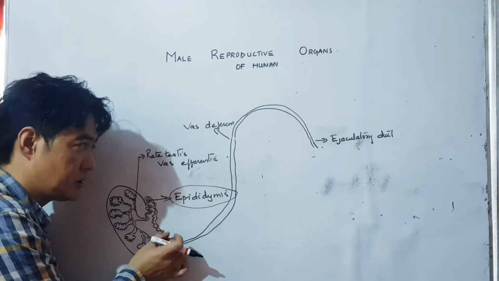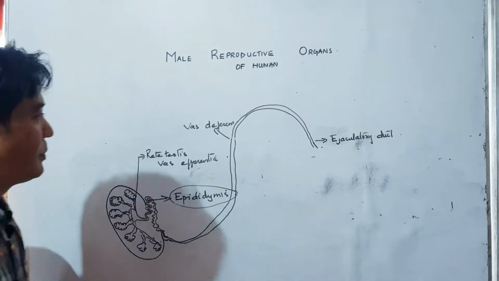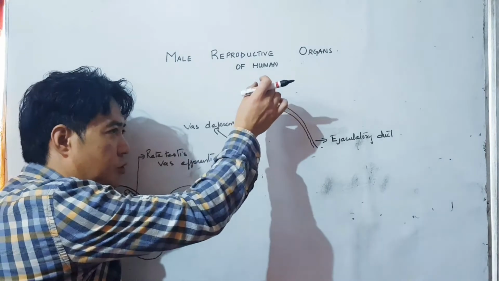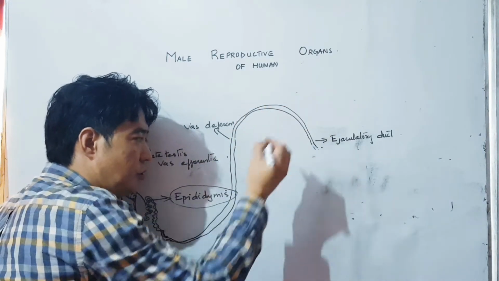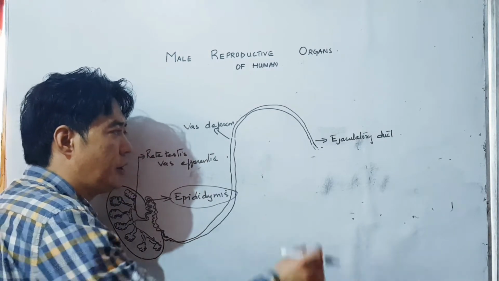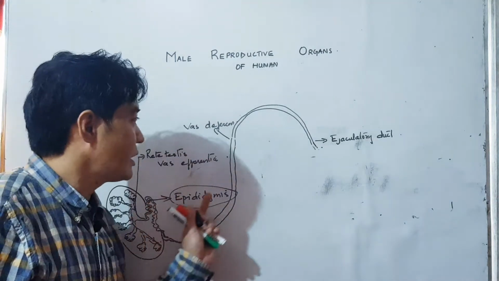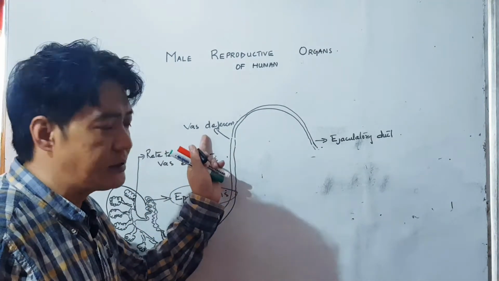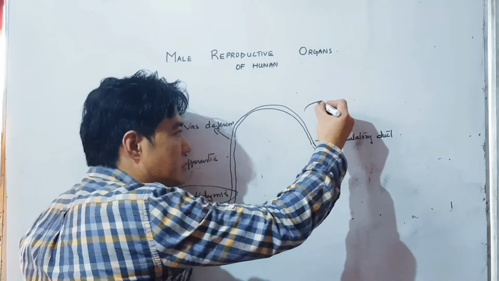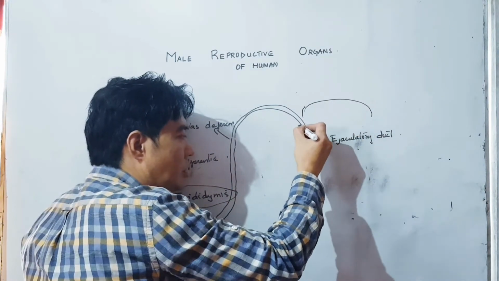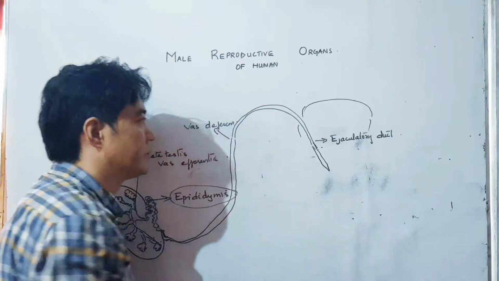From the epididymis, the spermatic cord leaves the scrotum and passes through the inguinal canal to the abdominal region and comes down near the urinary bladder. And the spermatic cord in between the epididymis and ejaculatory duct is known as vas deferens. So you can say this is the urinary bladder where urine is stored, and this is the ejaculatory duct.